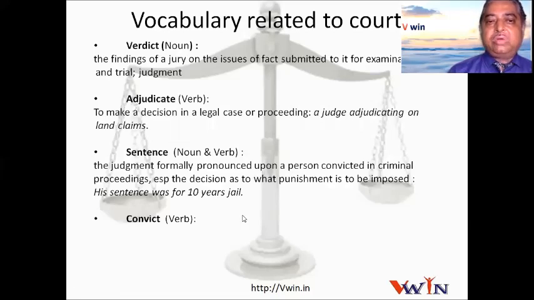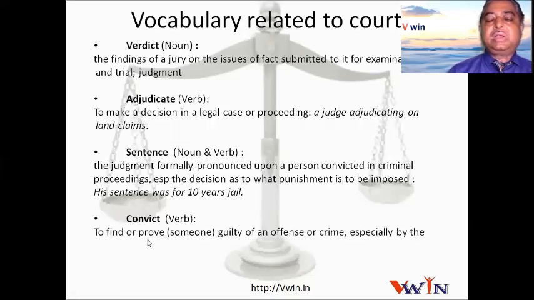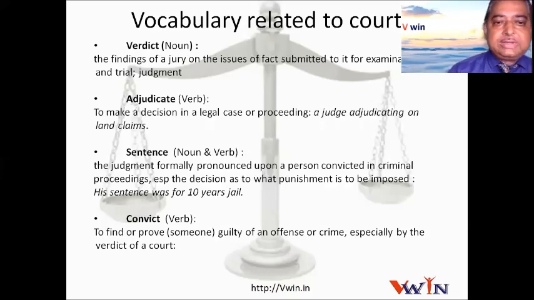Convict. Convict, as a verb, means to find or prove someone guilty of an offense or crime, especially by the verdict of the court. That is very important. See, culprit, offender, and perpetrator mean the guilty, or someone who is charged in the case of culprit. Another meaning is someone who has been charged with some kind of crime.